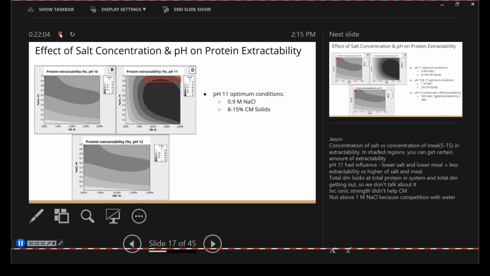So this is what's going to give you optimal conditions. So they actually found the highest extractability at 0.9? In pH 11, it was from 0.4 to 0.9, but in pH 10 and pH 12, it was all the way at 1.